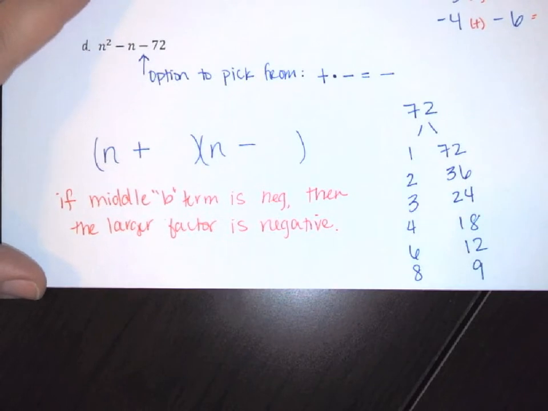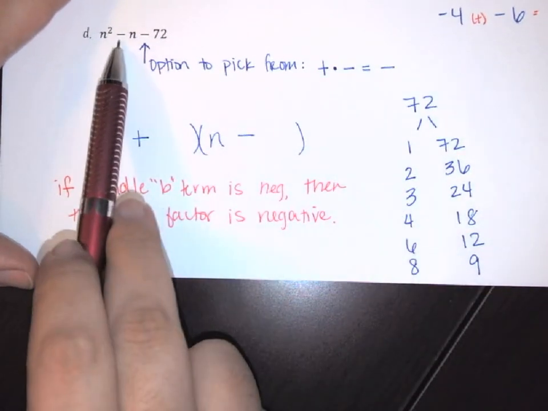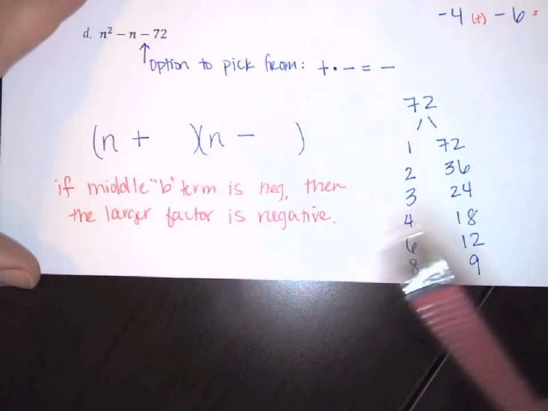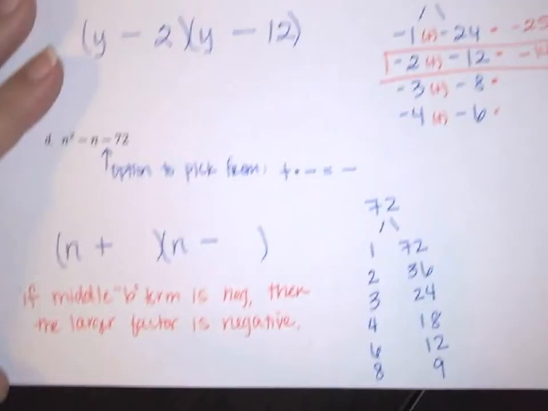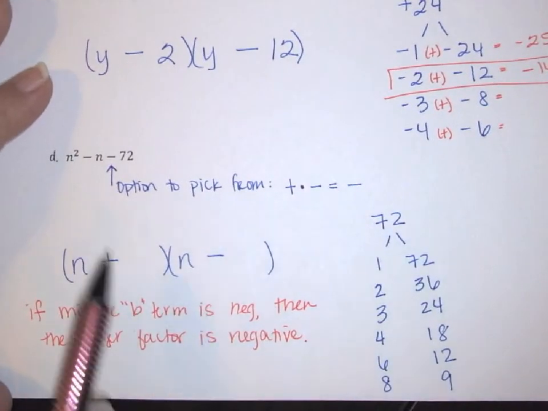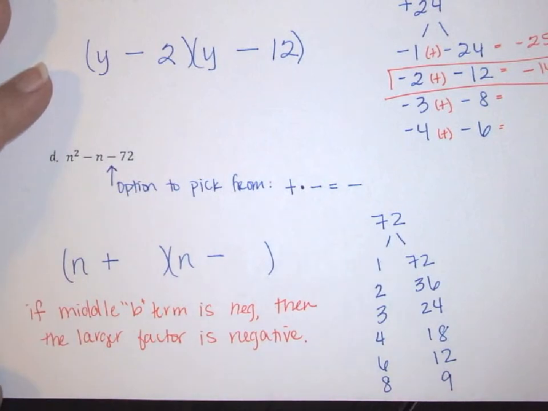The opposite is true for positive. If the middle term was positive, then the larger factor would be positive. Now for our intents and purposes, our middle term is negative, which means our bigger factor has to be negative.